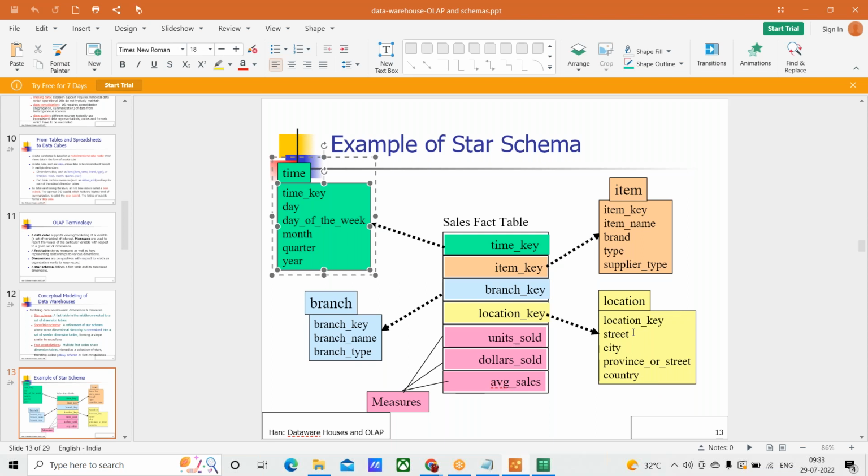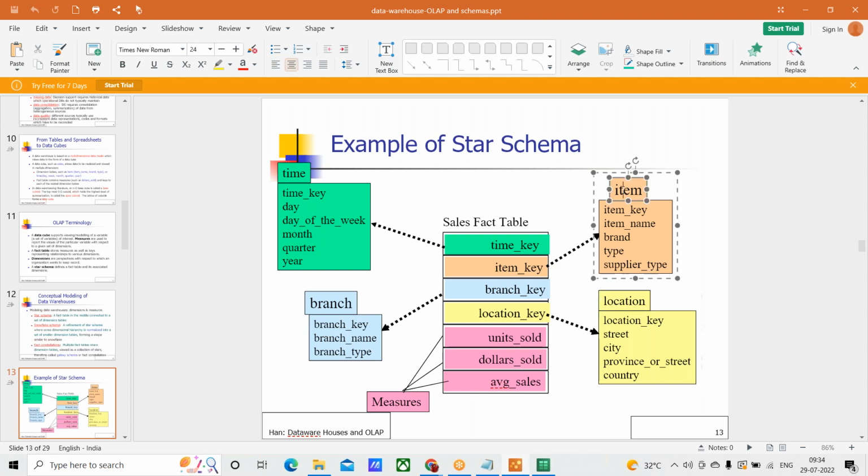But these are the denormalized dimensions for the respective areas, for example category and location. For location, these are the dimensions. For time, this is the dimension. Location and time are common. The remaining will vary from business to business.